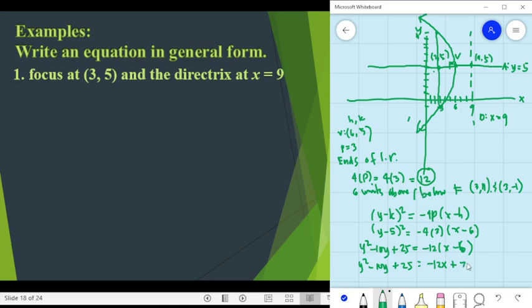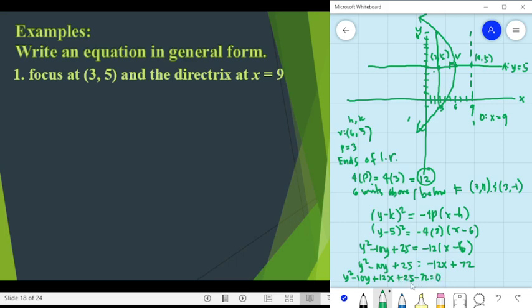is equal to positive 72. Okay, so let's transpose these two to the left side. So we can now have a statement of y squared minus 10y, then the negative 12x becomes positive 12x, then plus 25 minus 72 is equal to 0.